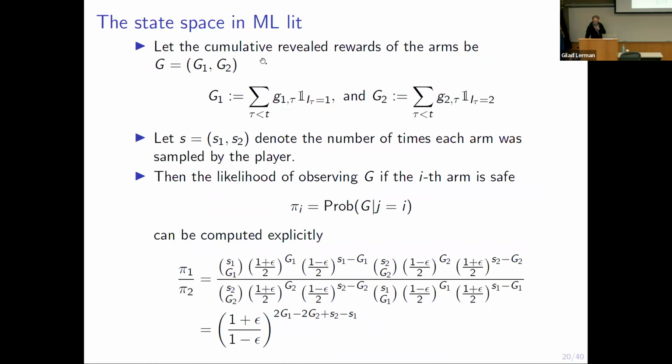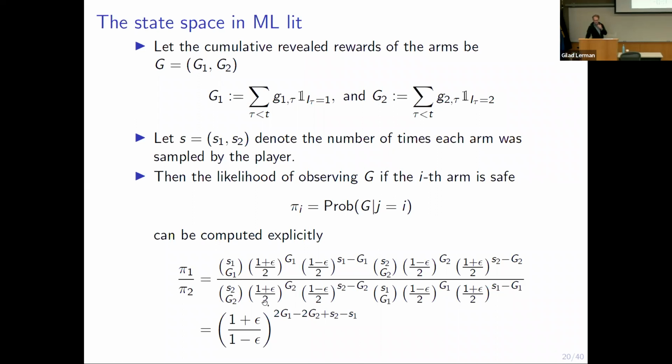In the machine learning literature, this problem is usually studied with 0-1 gains. And the Bayes optimal player that maximizes the posterior probability can be computed directly. So pi_i is the likelihood of observing a given configuration of gains if the ith arm is the safe one.